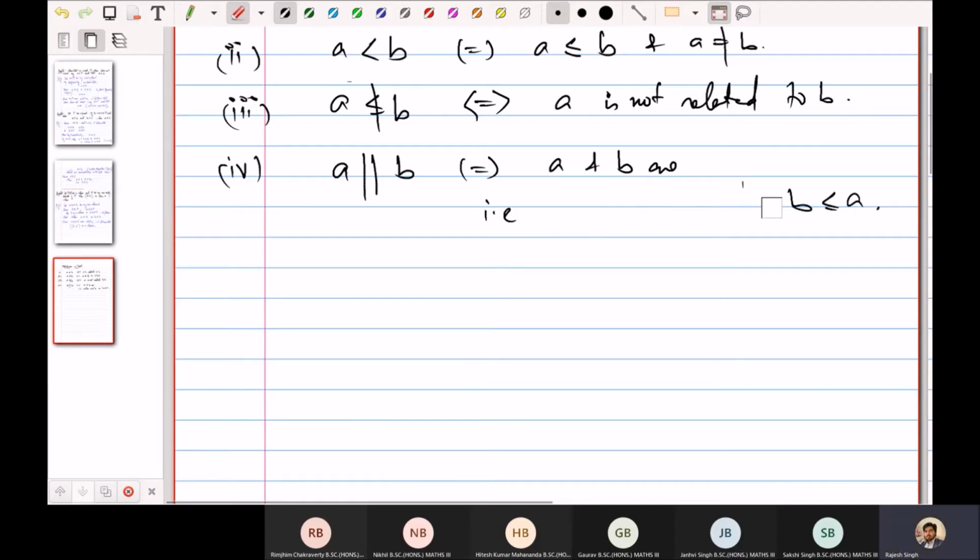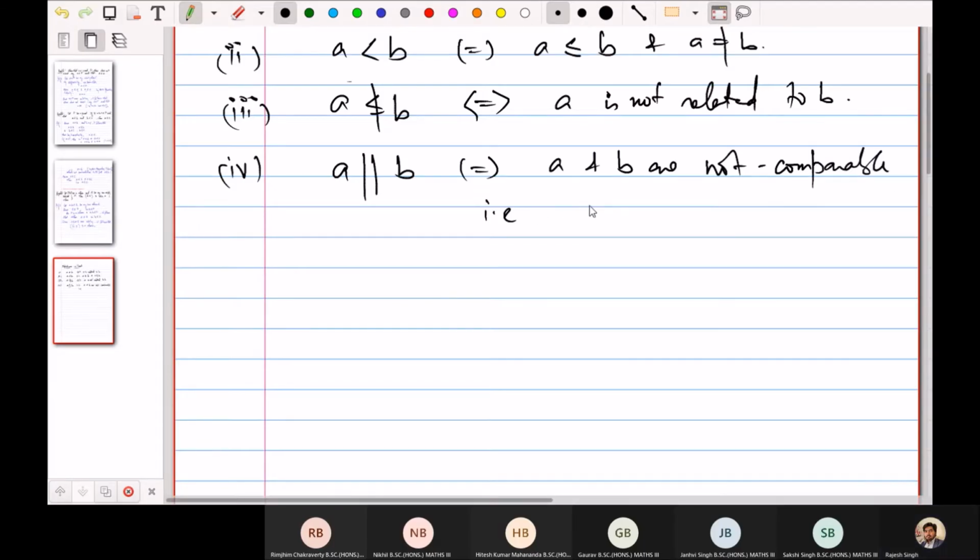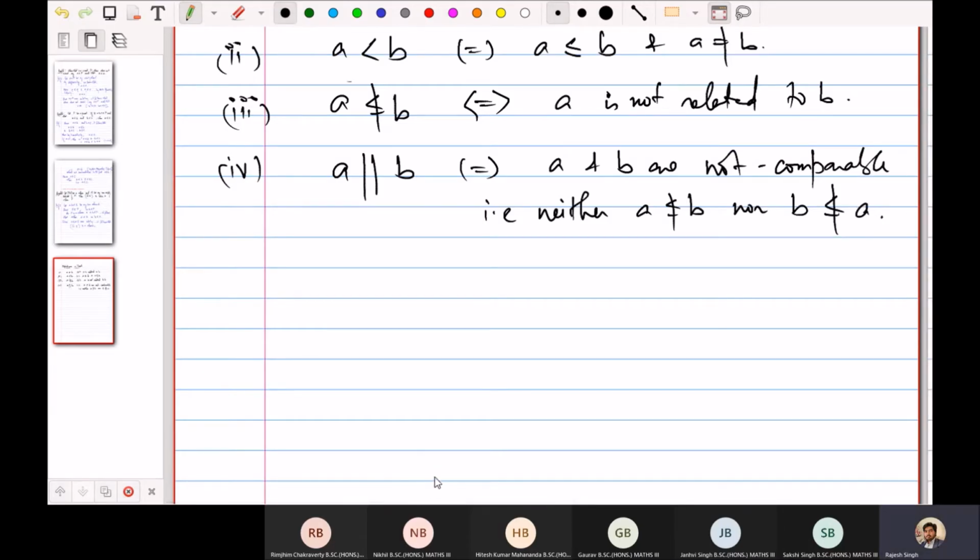A and B are not comparable. That is, neither A is related to B nor B is related to A. Fine.